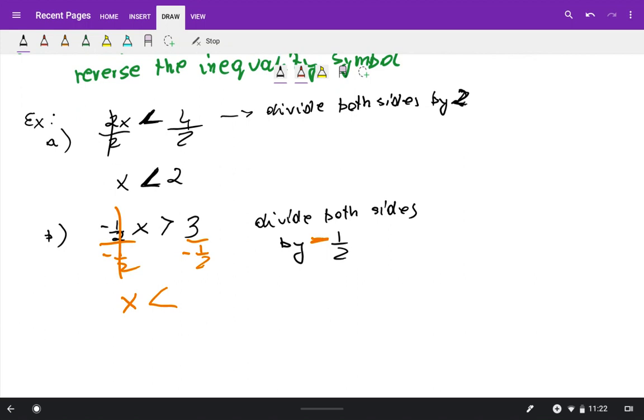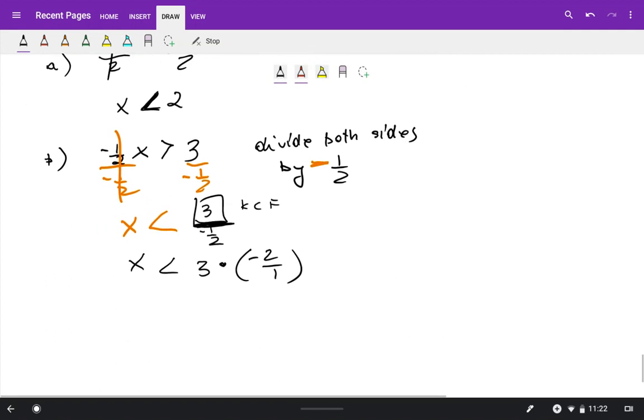And then we have 3 divided by negative 1/2. So the shortcut is keep, change, flip. Keep 3. When you divide by a fraction, that division changes to multiplication. Flip means you multiply by the reciprocal of negative 1/2, which is negative 2/1. And we have x less than negative 6. Okay, and that's the solution.